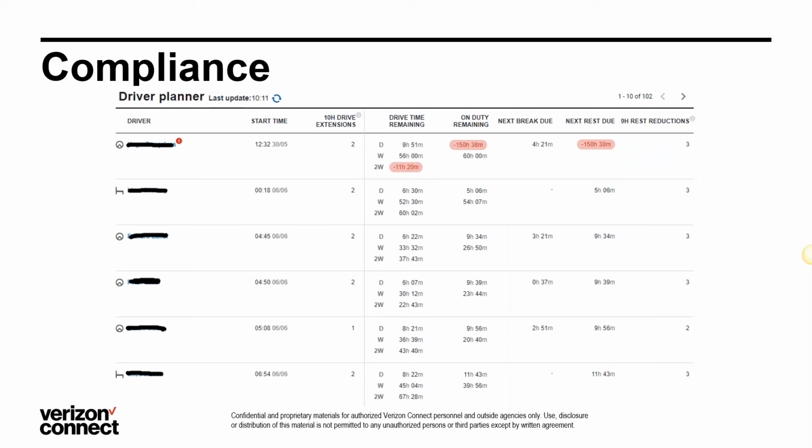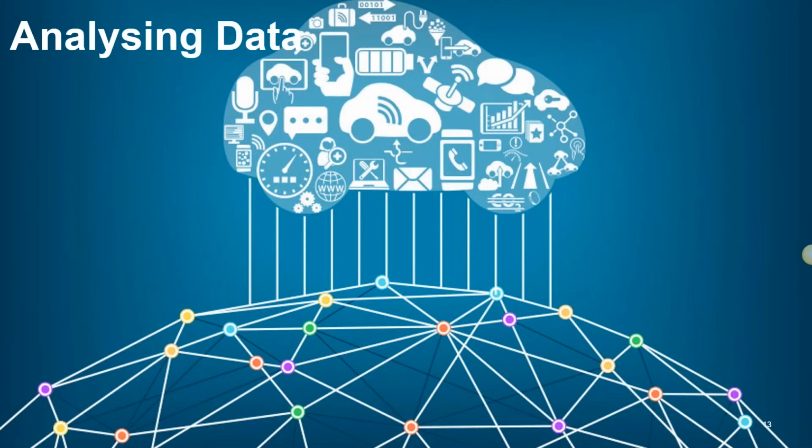You can see not just on the day, the week, but also the 2 weeks, how much time that driver has available to you. And imagine the power of knowing this information before you send them out on a job. Again, it reduces your risk as an organization to put your drivers out on the road, but also reduces the driver's risk as well.